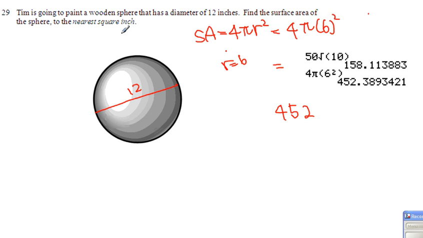Now, the nearest square inch. So therefore, 452 seems to be the nearest square inch. All right.